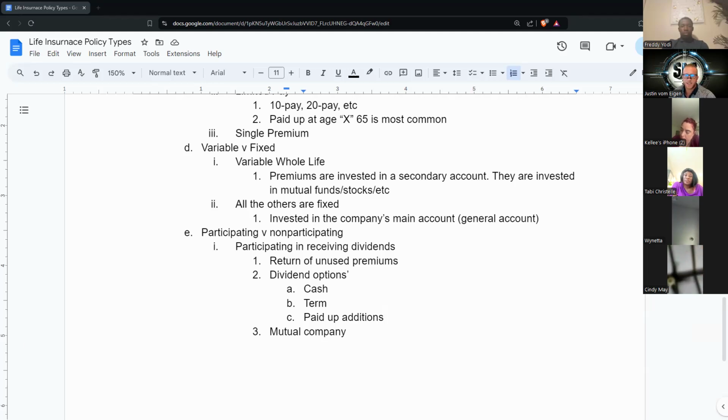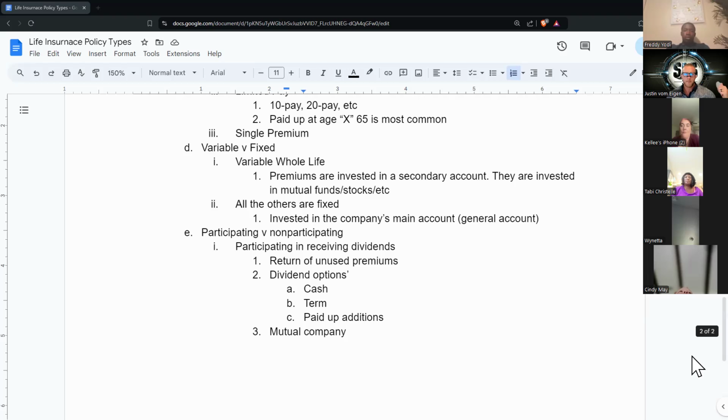Paid up additions is where they say, hey, here's $80 back, and the policyholder says, okay, I'm going to buy $80 more of life insurance, increasing my policy by whatever $80 would get me for a single premium paid up insurance piece. You know how we just talked about single premium before? So say you're paying monthly on a $100,000 policy, and at the end of the year, they say you have $80 in dividends.